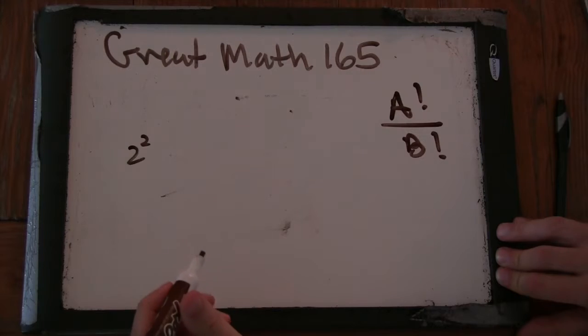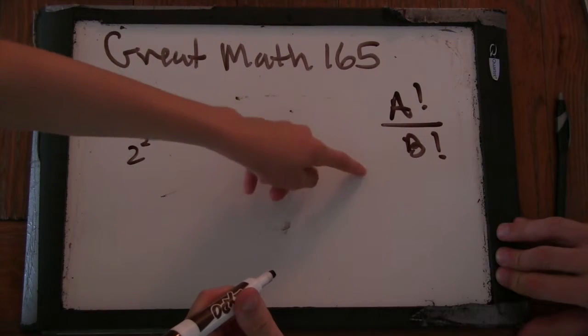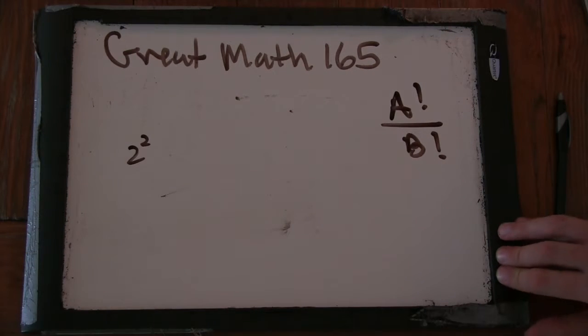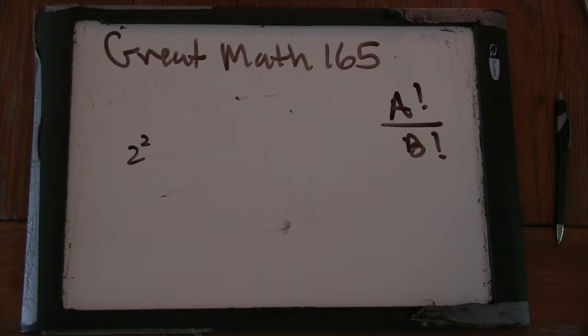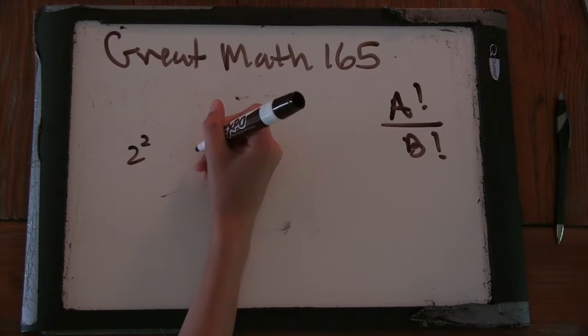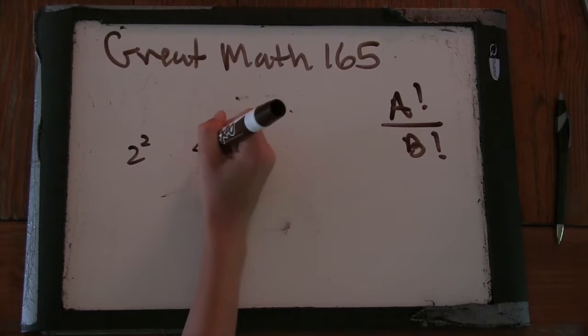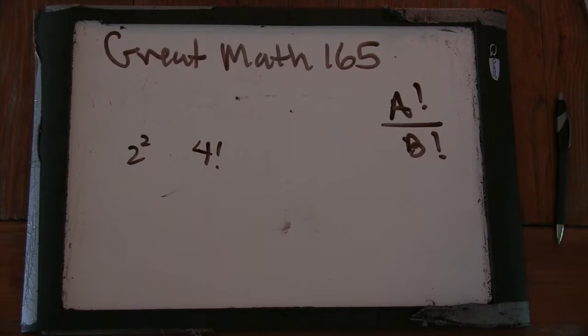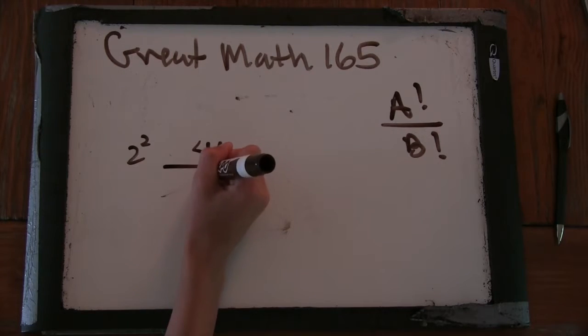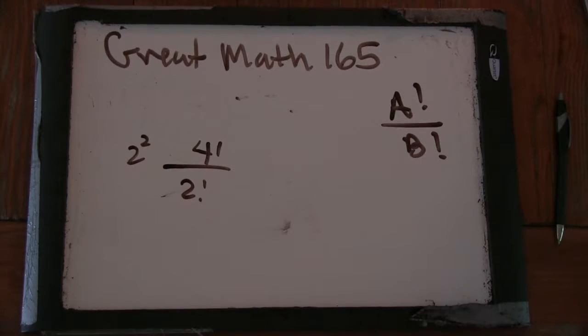But if this doesn't have enough 2's, even if we divided it, it would still not have enough 2's. It needs to have two 2's. Okay, so we can go up to 4 factorial. That is three 2's. So 4 factorial, and we can do over 2 factorial to take away a 2. And that would have two 2's.